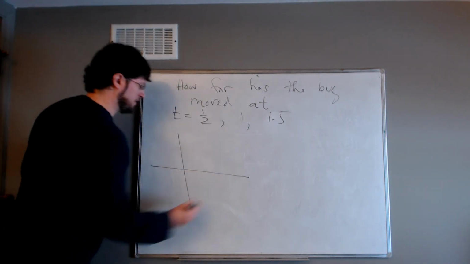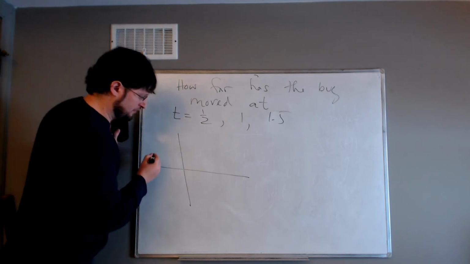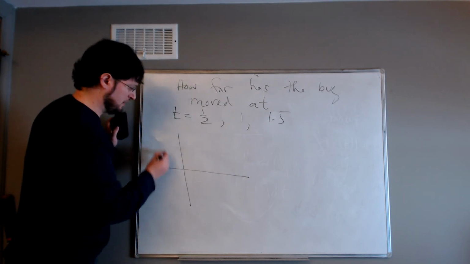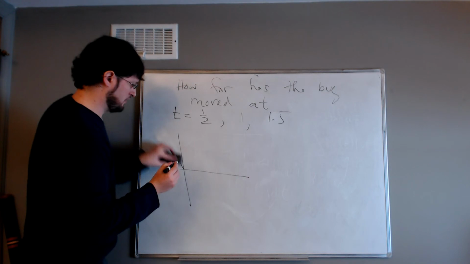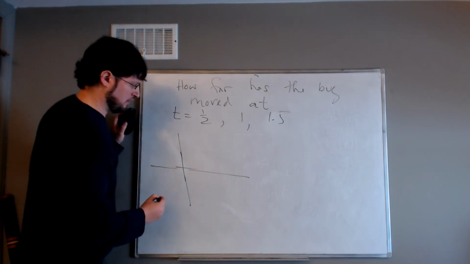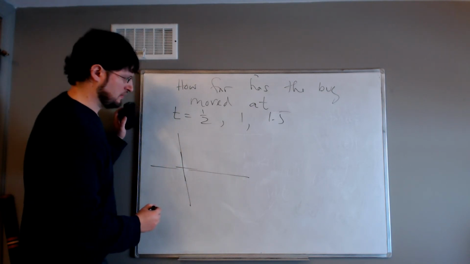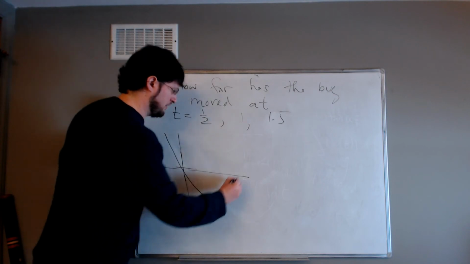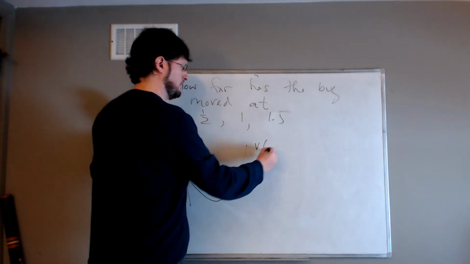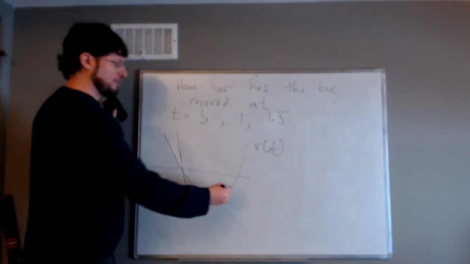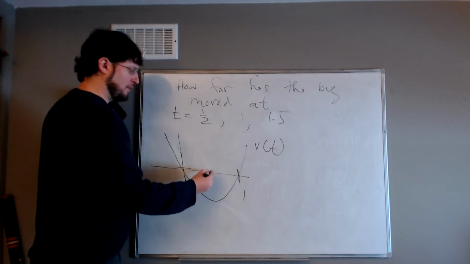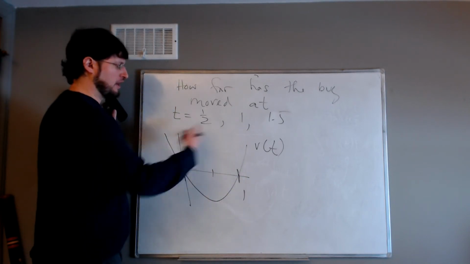Here's our velocity function, v of t. This is at time 1. So at time 1/2, how far have we moved?